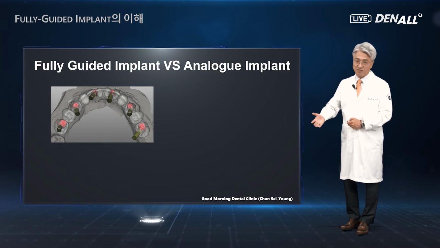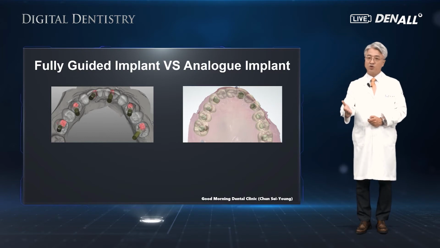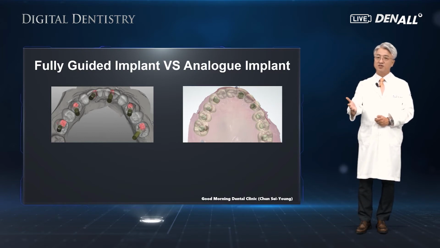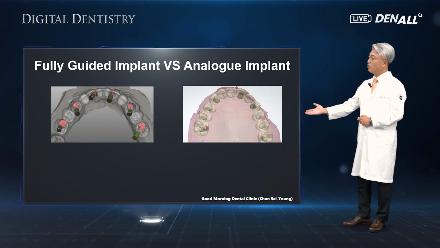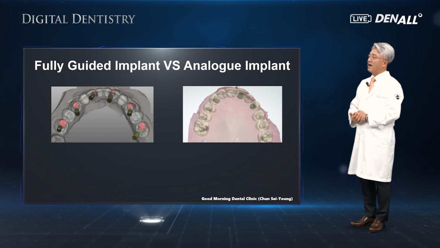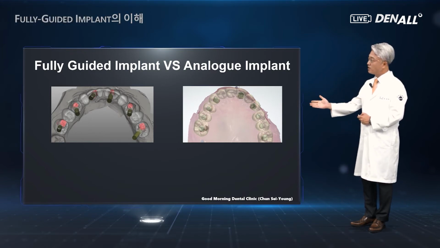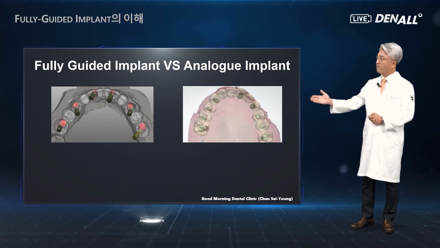However, if you use the full guided system like Implant Studio, as you can see here, abutment holes and positions fit pretty well with the definitive prosthesis, enabling the ideal prosthesis. That is the difference between the full guided implant versus analog implant.